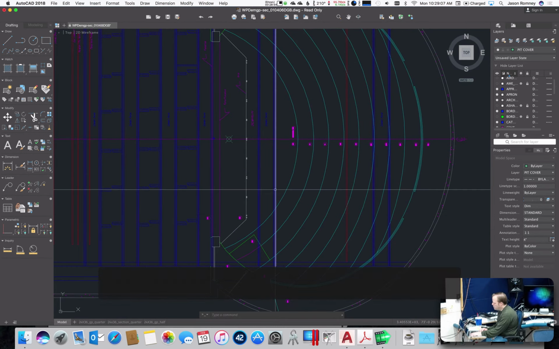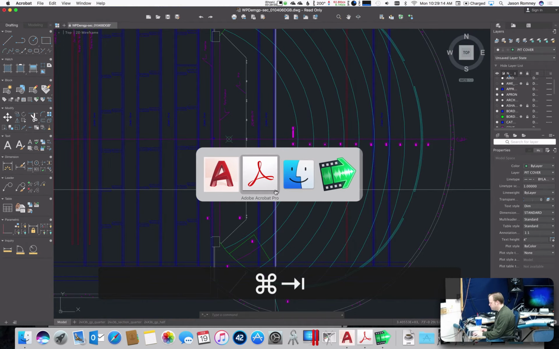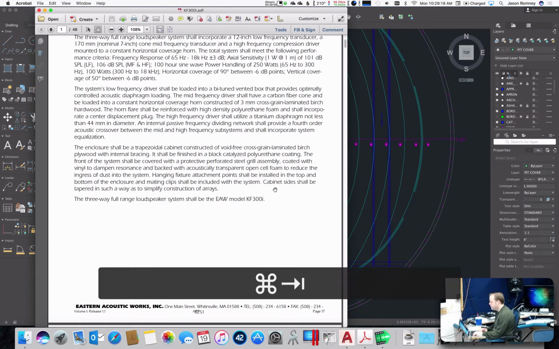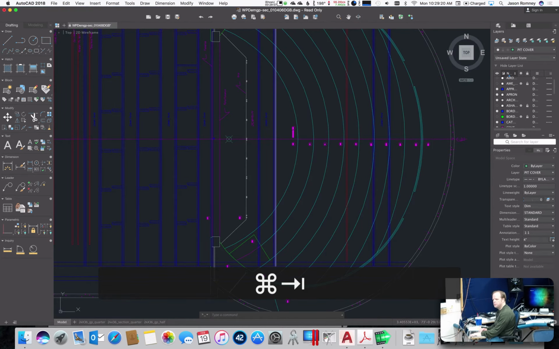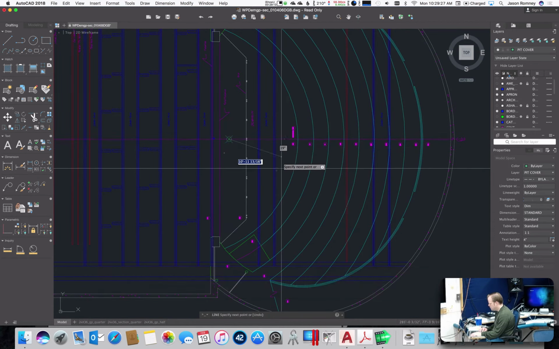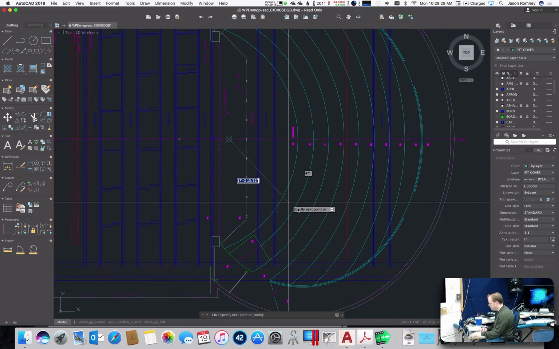There we go. Okay, so they said on horizontal it was what? 90 degrees, so 45 on either side, right? Okay, so let me just draw a line here and see where 45 degrees lands.